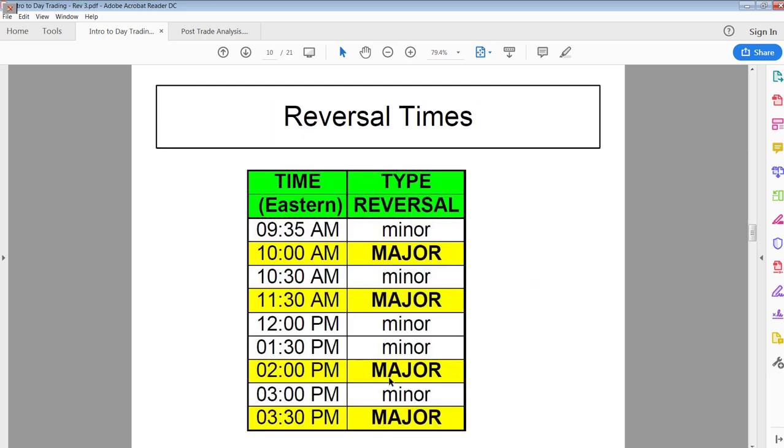Yeah. There are some major reversal times that I have borrowed from someone and modified a little bit. 9:35, minor reversal. Why? Primarily because people who get calls from their broker the night before or during the morning, they get sold into stocks and they just buy. And a lot of times they use market orders.